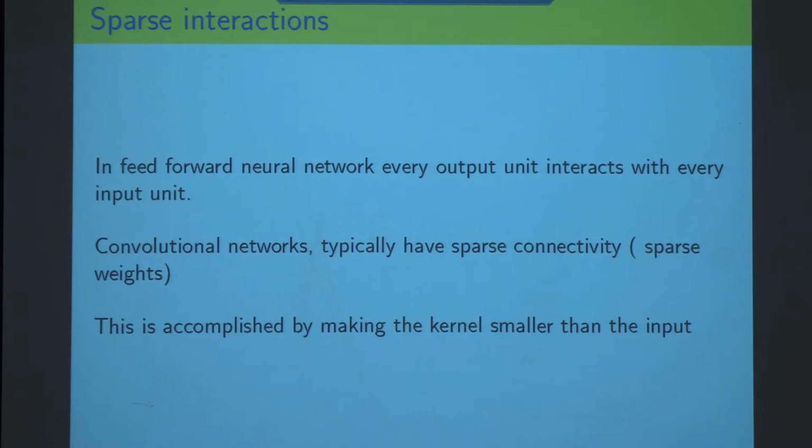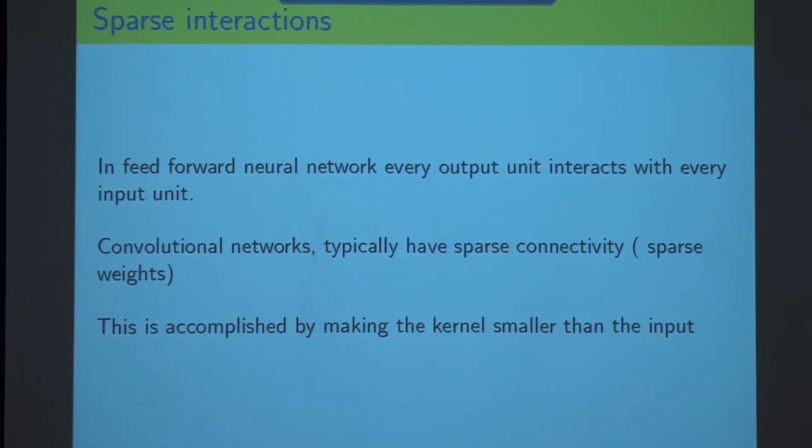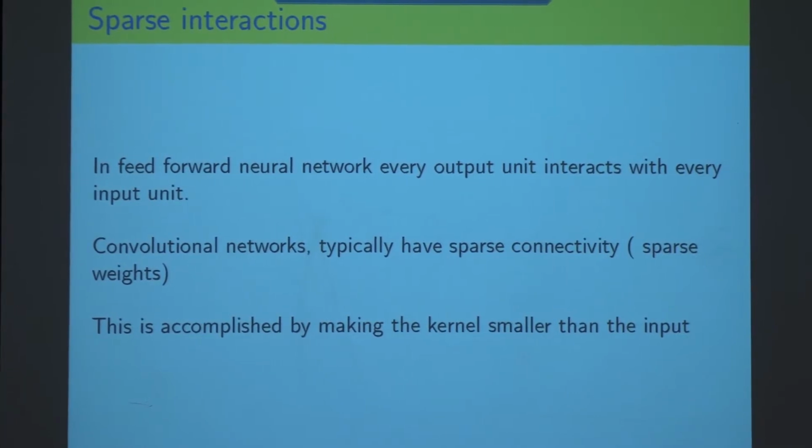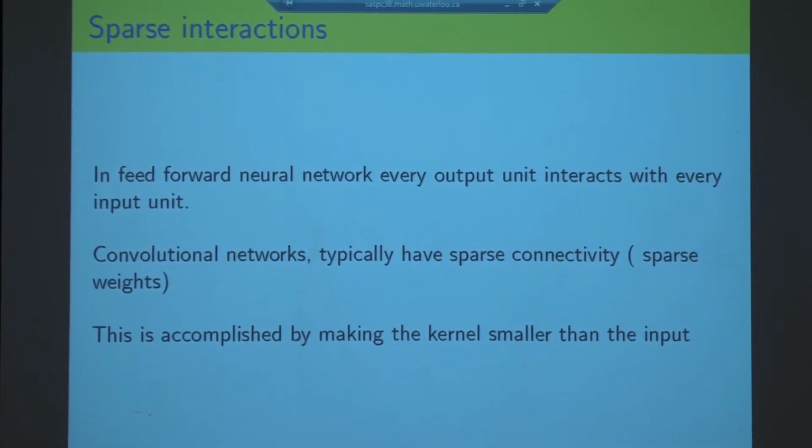We also learned that what's happening here is basically making our layer sparse. In a feed-forward neural network, we had this input and, say, a hidden layer, and there was one link from any node in the input to any node in the hidden layer.